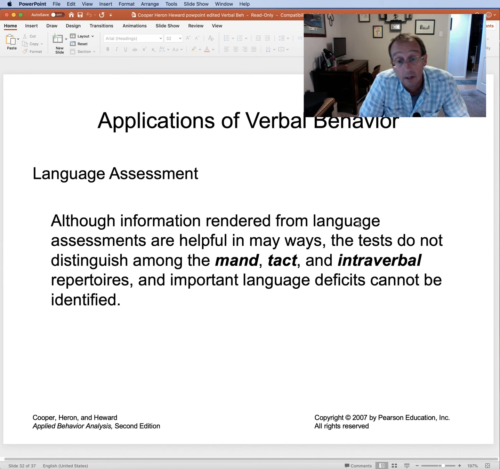So we look at their skills at being able to engage in intraverbal behavior, and then we take a direct teaching component where we actually teach these different components of verbal behavior from a functional perspective, right? What are they going to get as a payoff for these different types of language and verbal communication.